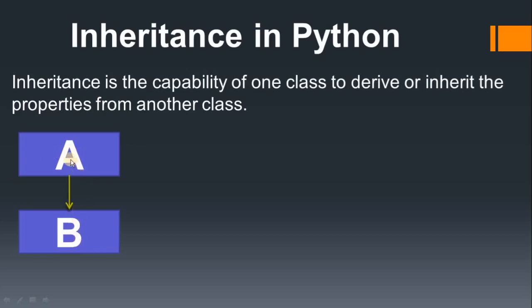In simple language, the parent gives some features to B and B can also take the features from A.